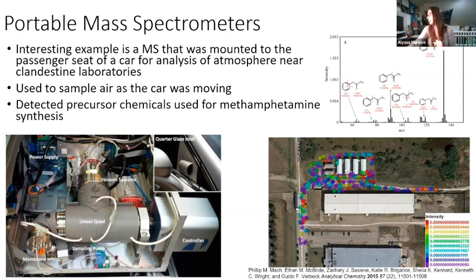This building here was suspected of being a clandestine lab where they were making methamphetamine. Without going into the lab, they drove around it multiple times, and the mass spectrometer took little samples of the ambient air and analyzed it. What they found were precursor chemicals in the air that were used to make methamphetamine. These little dots down here tell you the intensity, or the count or abundance, of each of these ions that were detected.